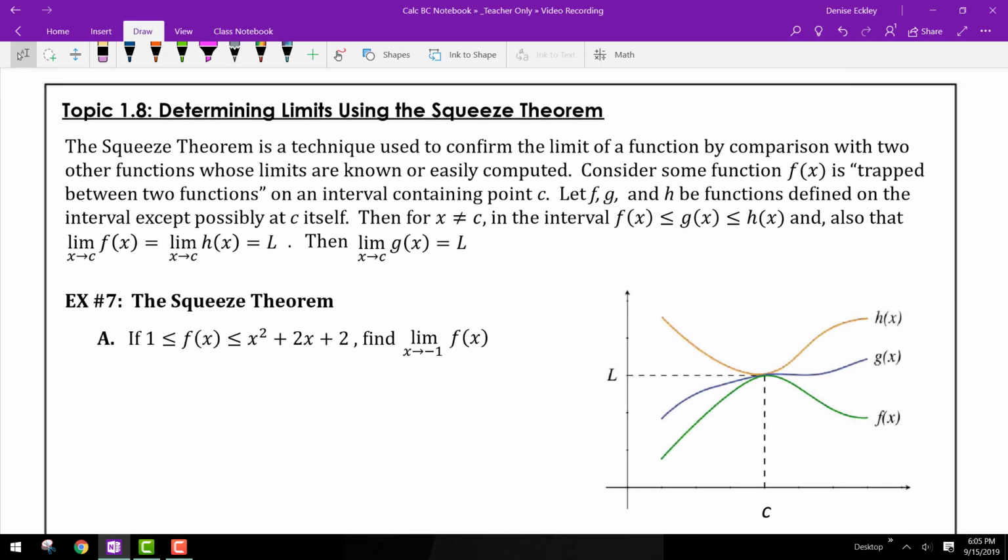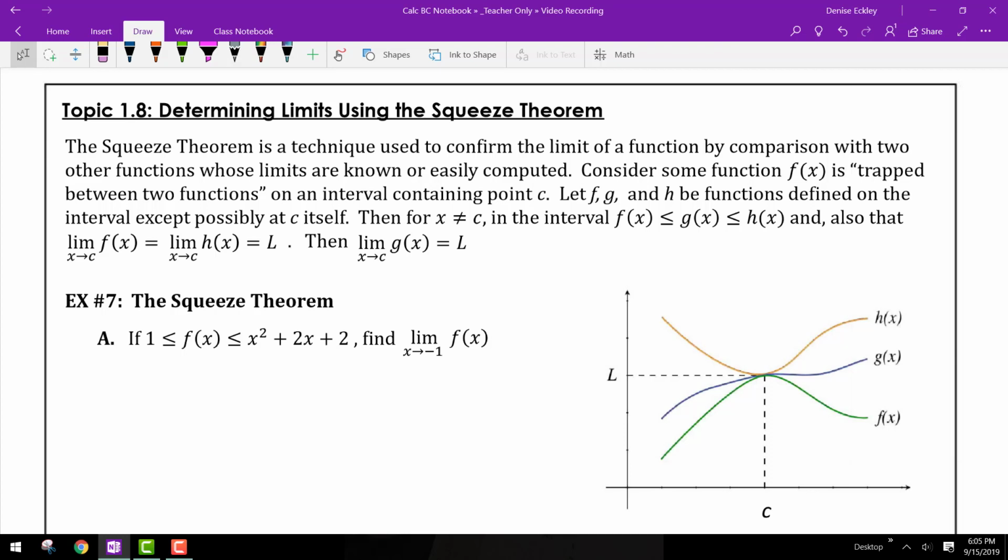The squeeze theorem is a technique used to confirm the limit of a function by comparing it with two other functions whose limits are known and easy to compute.